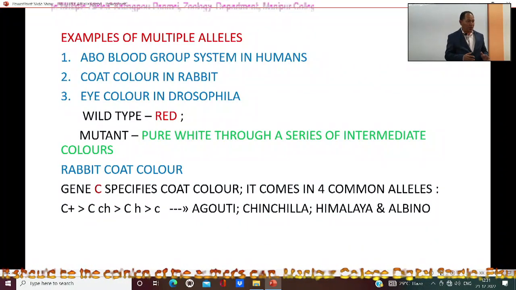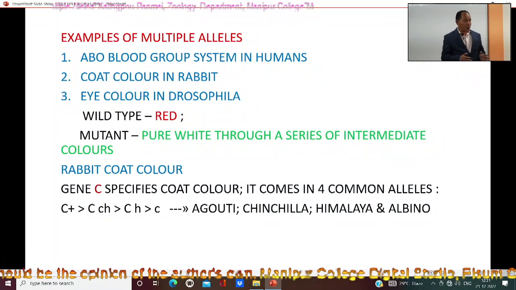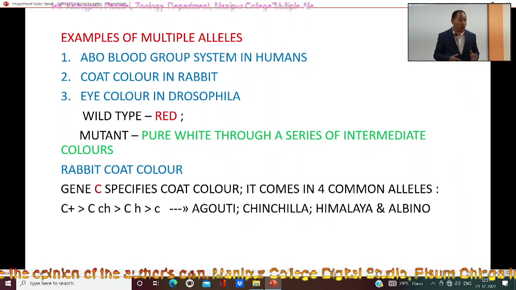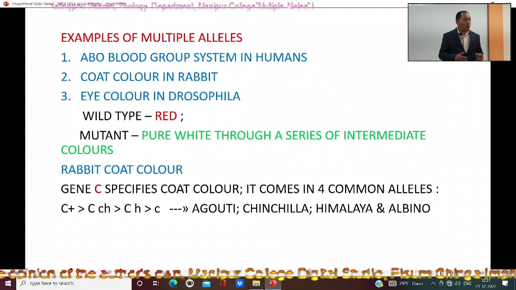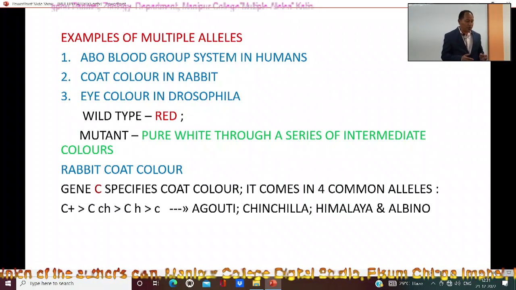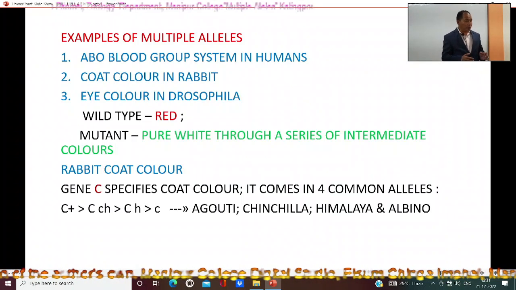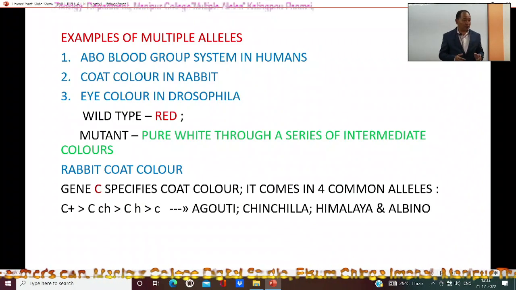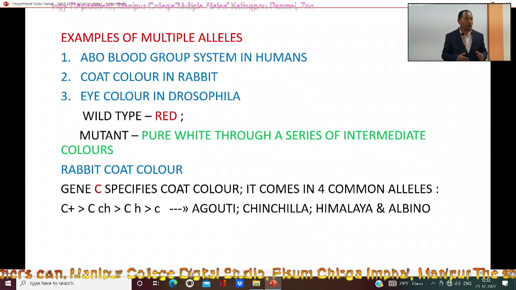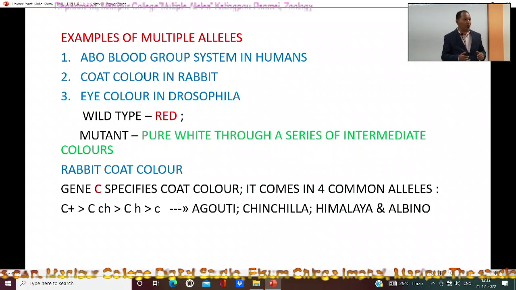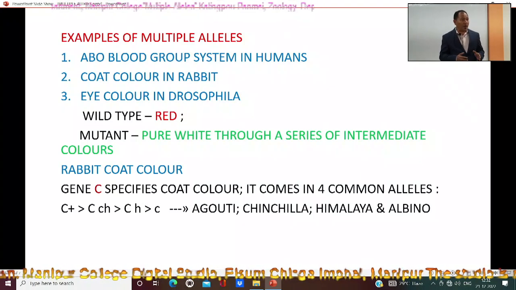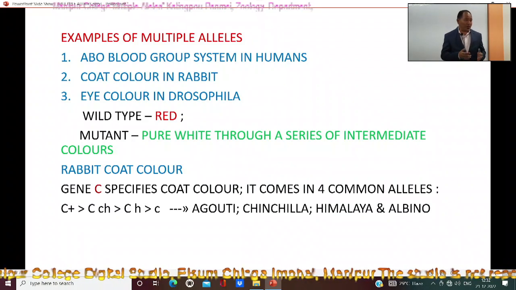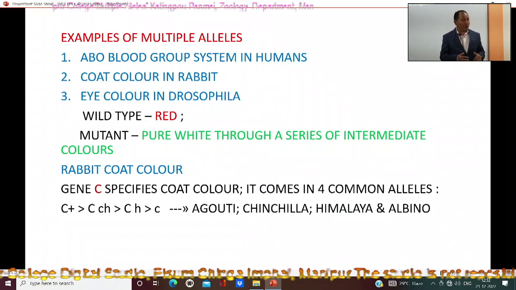We have fairly good examples of multiple alleles in the animal world. For example, we have the ABO blood group system in humans, we have the coat color in rabbit, and we have the eye color in Drosophila, the common fruit fly. In Drosophila, the color of the eye comes in mutant forms as well as in wild type form.